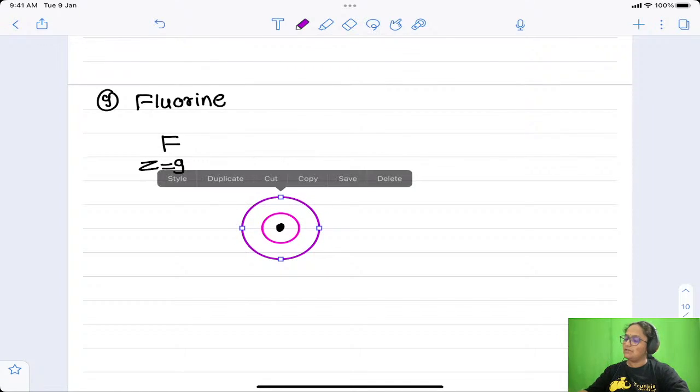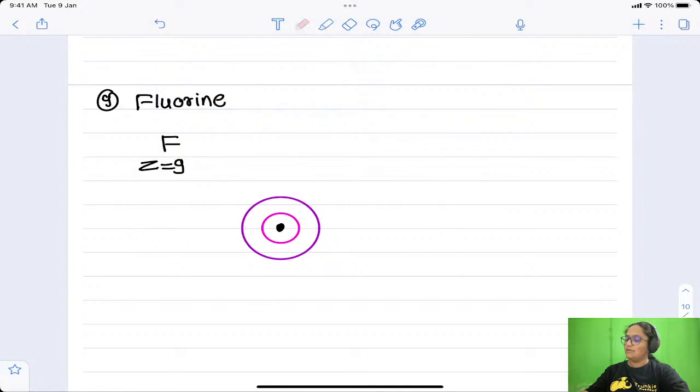Now there are a total of 9 electrons. How are the 9 electrons filled? Again the same way, 2 electrons in K and the remaining 7 electrons in this: 1, 2, 3, 4, 5, 6 and 7.